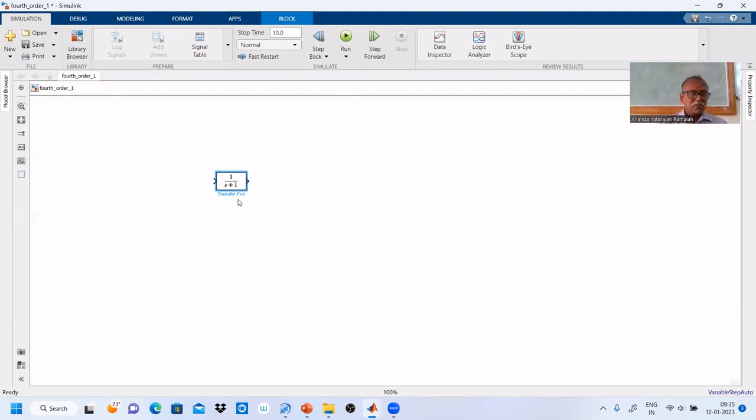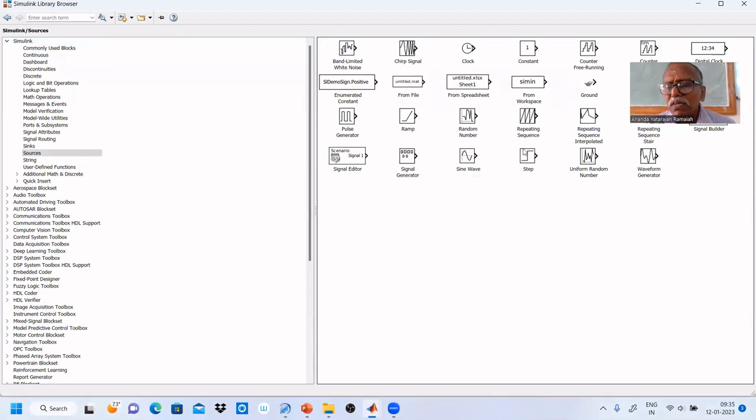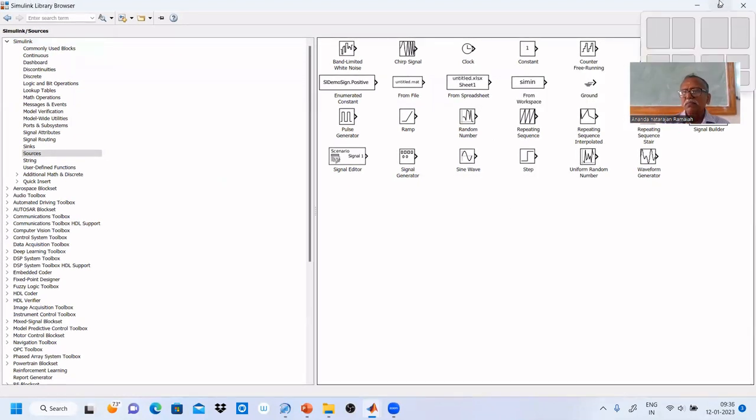We placed it. Or you can go here, and in continuous sources, the step function is available. So I want to take this.